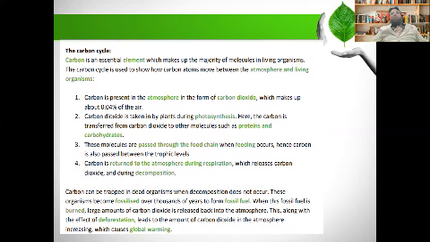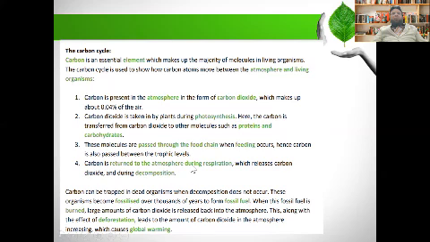After that, the glucose molecules combine together to make complex carbohydrates. These molecules are passed through the food chain when feeding occurs. Hence, carbon is also passed between the trophic levels.